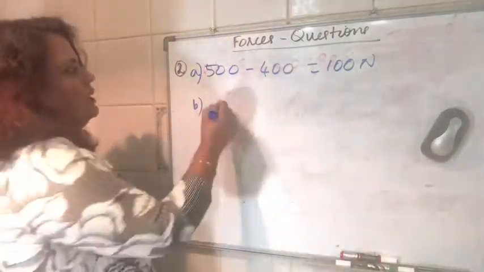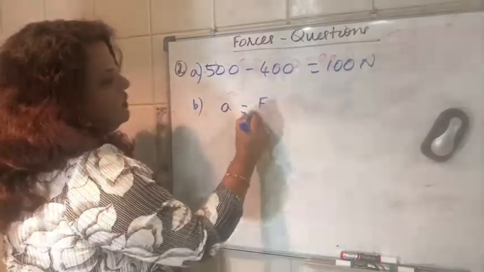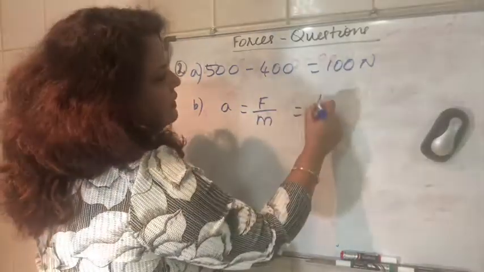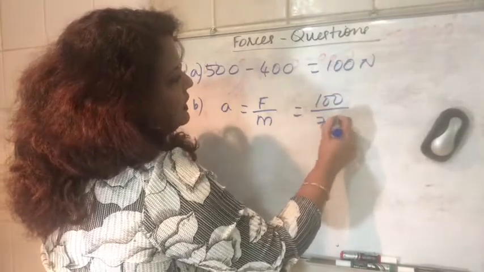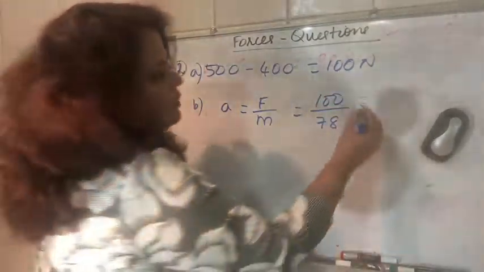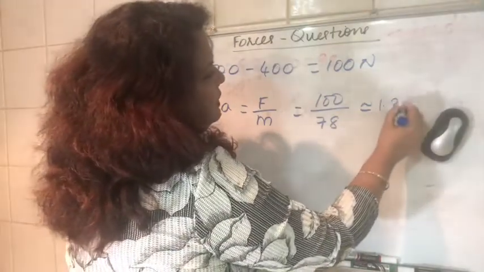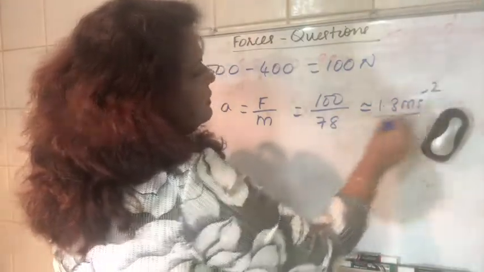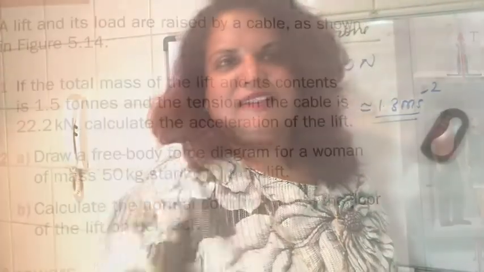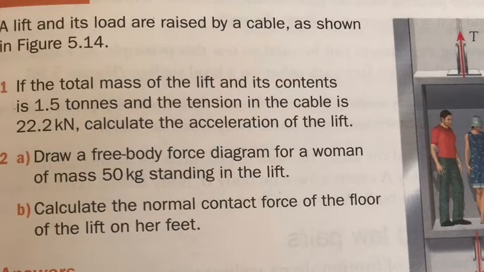So you just have to apply Newton's second law. Resultant force upon mass. Resultant force is 100 upon 78. So you get 1.3 approximately meters per second square. Right? That also is a very straightforward calculation. I'm sure you would have gotten it correct.